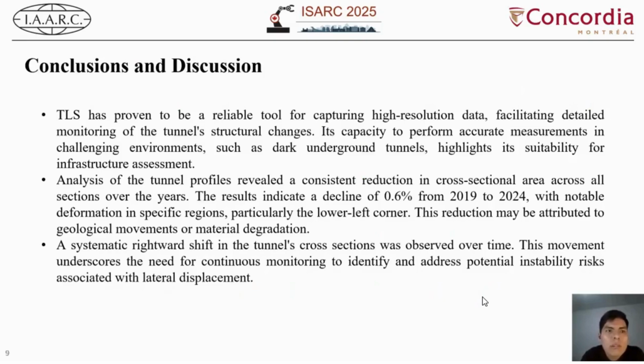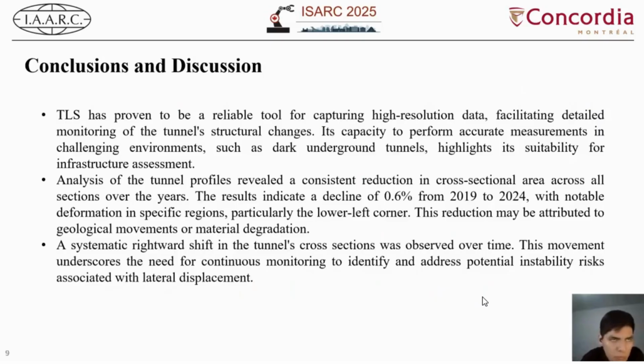For the conclusion and discussions: TLS has proven to be a reliable tool for capturing data. Analysis of the tunnel profile revealed a decline of almost 1% from 2019 to 2024, and a systematic rightward shift in the tunnel's cross-section was observed over time.